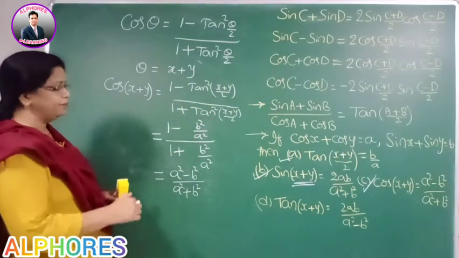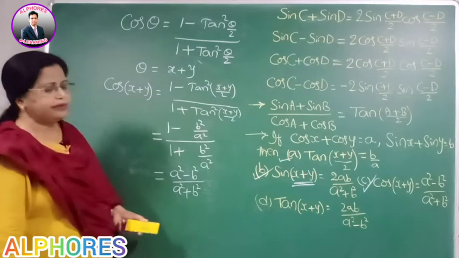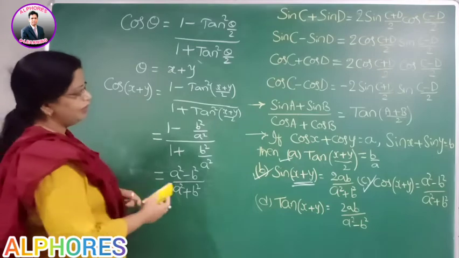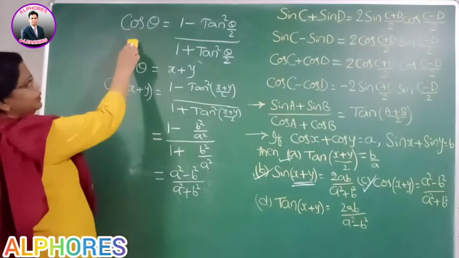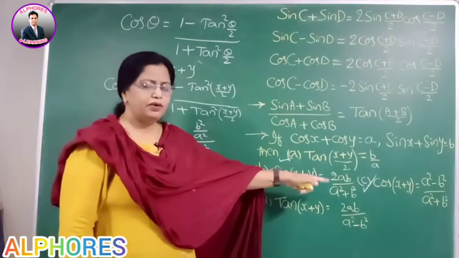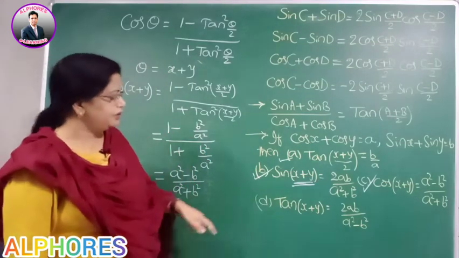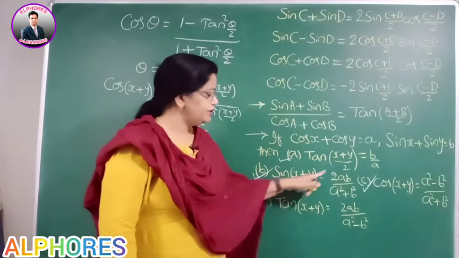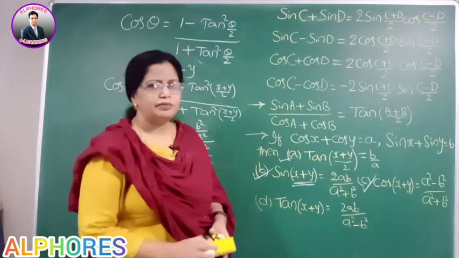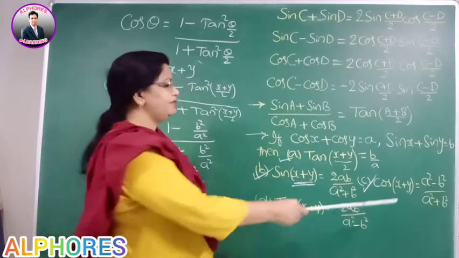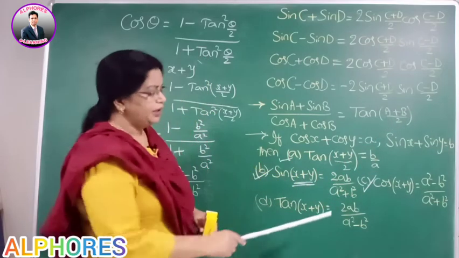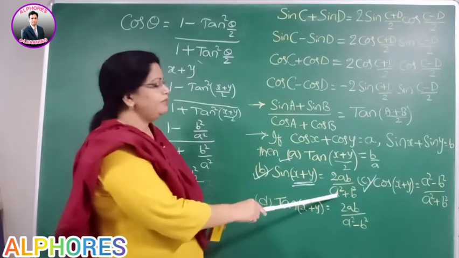Okay, next one, fourth option. What is the fourth option given? Tan of x plus y. What is tan of x plus y? In the same way, students, you already got sin (x plus y) and cos (x plus y), and if you divide them, sin divided by cos, then you get a square plus b square in the denominator of both, which cancel.